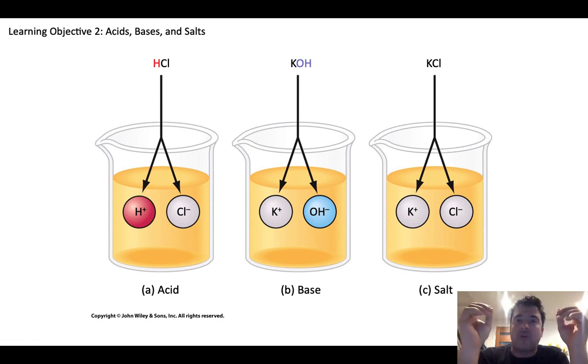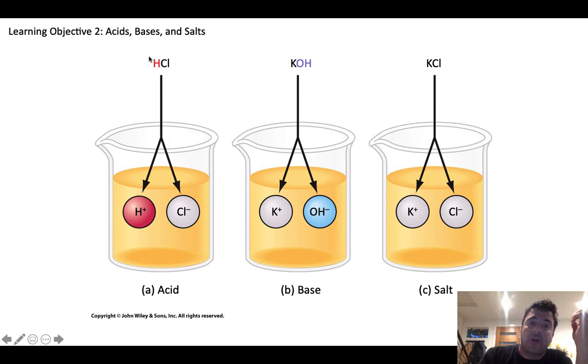So when you think about what influences pH, let's look at how we define our different compounds. Here we have a compound called hydrochloric acid. First, I want you to look at the way that chemical formula is written out. It begins with a capital H, and then it ends with whatever, in this case, chloride. This is hydrochloric acid. When you put this hydrochloric acid into a solution, it's going to dissociate, just like that salt did, to form free hydrogen ions and whatever the anion is.